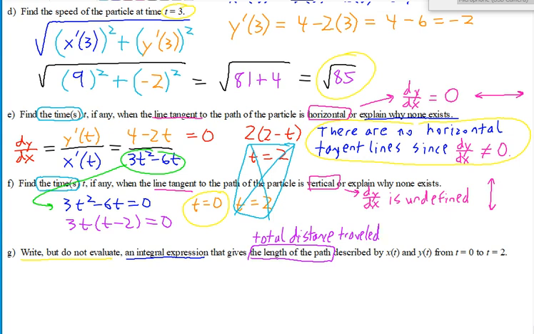All right, so described by x of t and y of t from 0 to 2. So it would be the integral from 0 to 2, square root of dx/dt squared, which remember we figured out was the same as x prime of t.